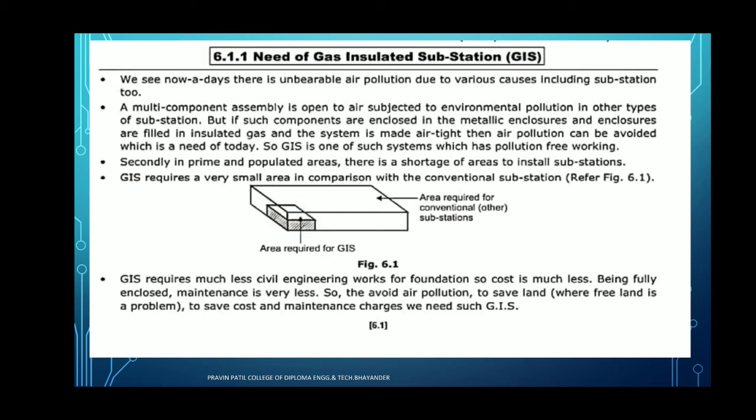Now we have to see which types of gas are used for the gas insulated substation. SF6, sulfur hexafluoride gas, is used in gas insulated substation to provide protection. Before filling the gas in the substation, we have to check its physical properties, chemical properties and dielectric properties.